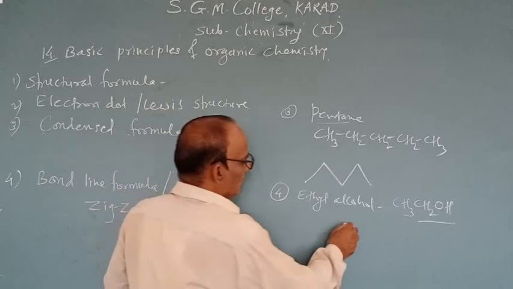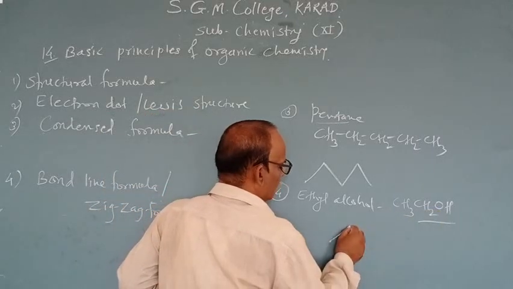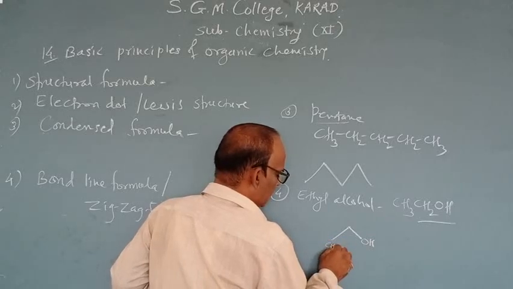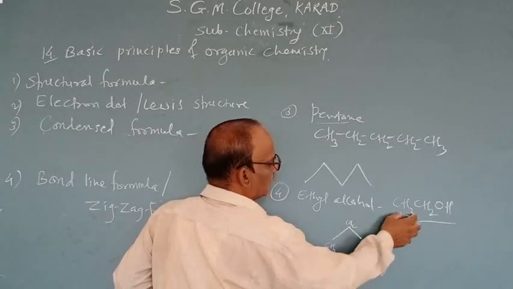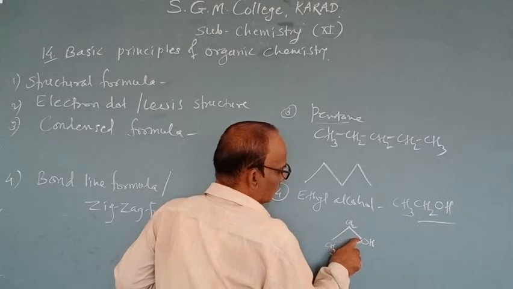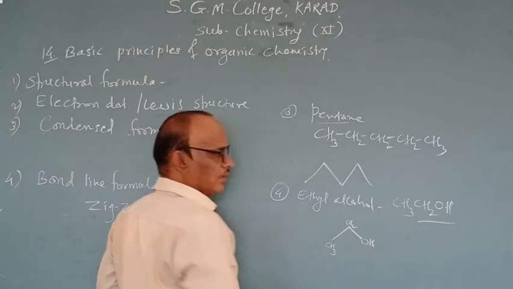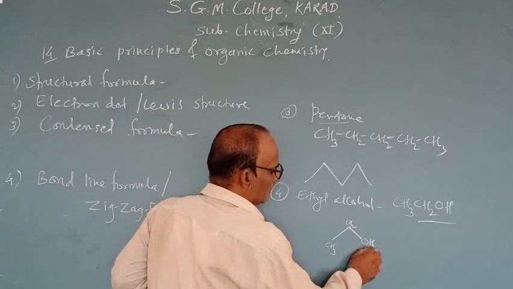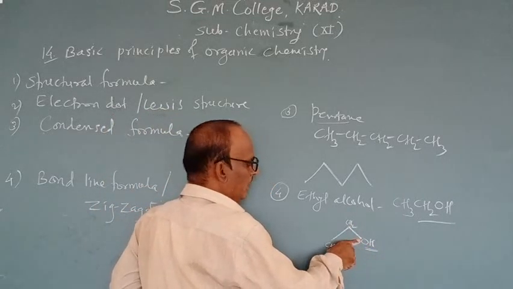Then the OH group is written separately. This is CH3, this is CH2. CH3, CH2 and OH group. So at this end the OH group is present, not a methyl group. So in the case of alcohol, the OH group is present at this end.